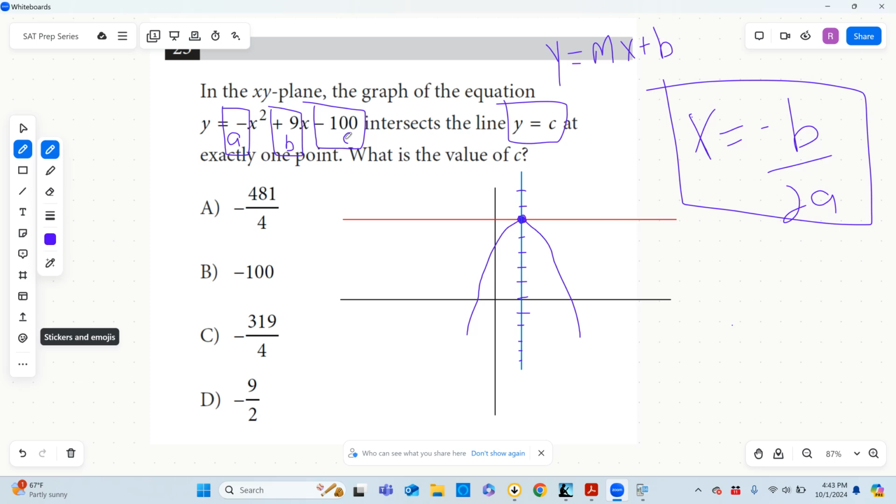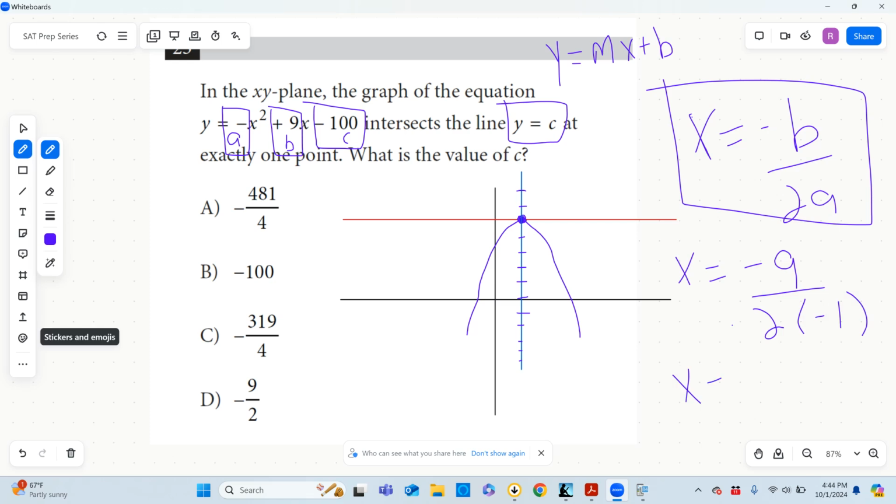So plugging into my formula for the axis of symmetry, I'm going to have x equals negative b, that would be negative 9, because my b term is 9, so negative 9 over 2 times a. In this case, a is negative 1.